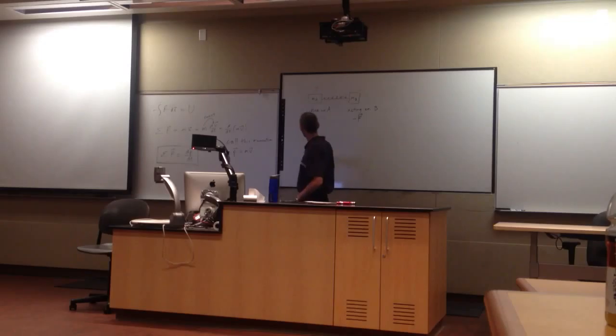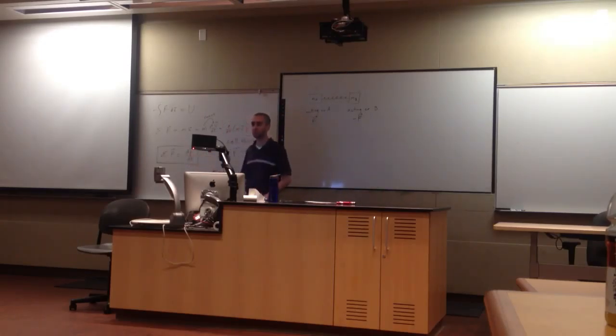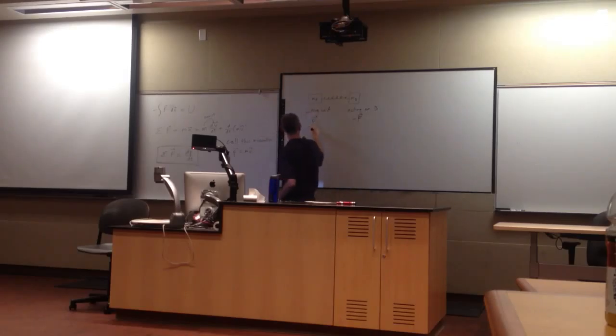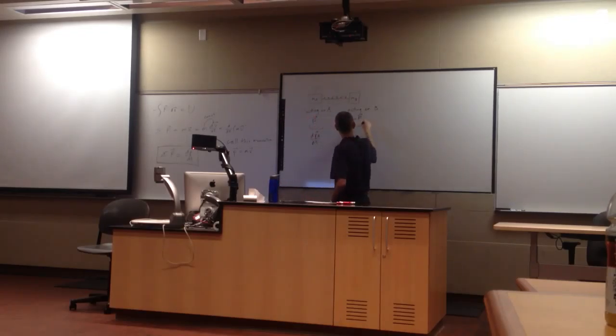Okay, so if I look at this, Newton's second law is telling me that the forces tell me about the change in momentum, right? So this force right here should be telling me about how A's momentum is changing in time. Likewise, this one right here should tell me about how B's momentum is changing in time.